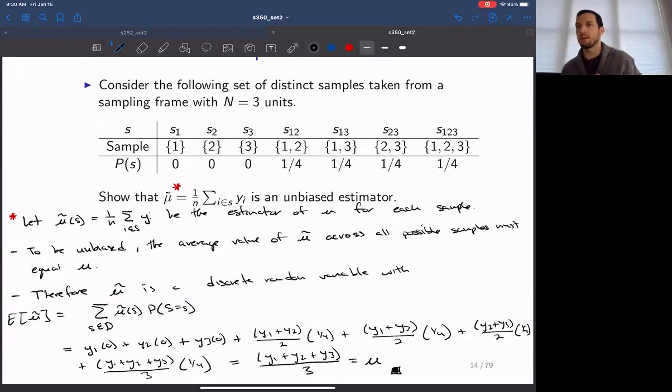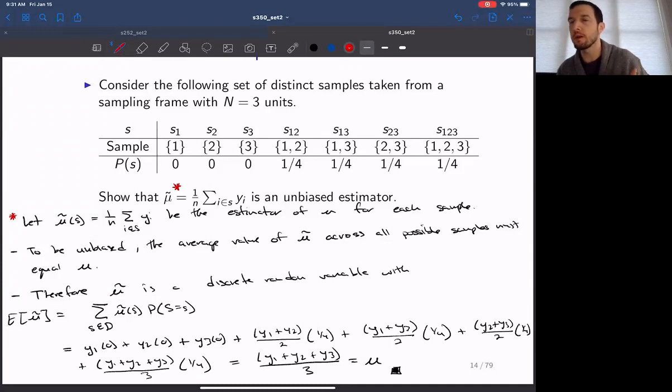Okay, so I'll just give it a second in case anyone's copying it down, and then I'll just talk through it again. Okay, so again, what's happening on this slide is we are showing an application of the expected value operator.